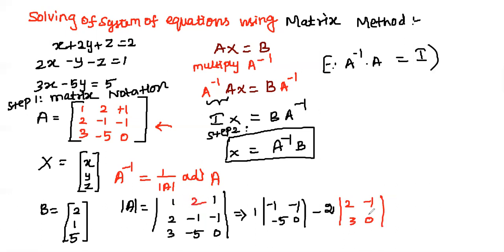And then plus A13. So now we have to simplify. Can you simplify the minors and tell me the answers?